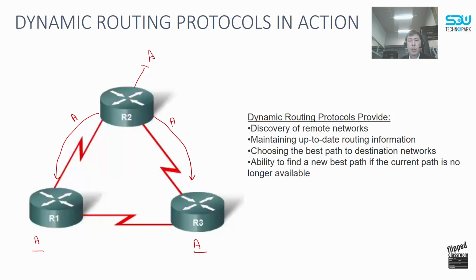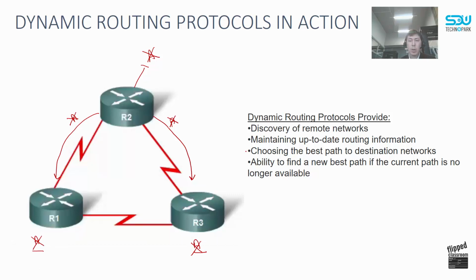Maintaining up-to-date routing information: in case network A is not connected anymore to router 2, router 2 will send information about it to its neighbors, and the neighbors will have updated information.